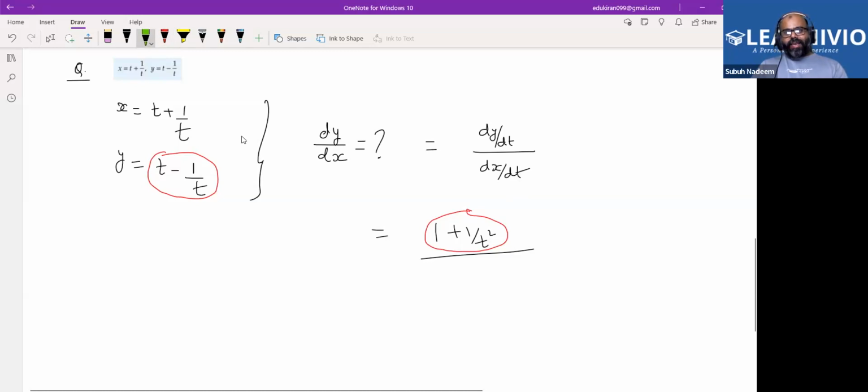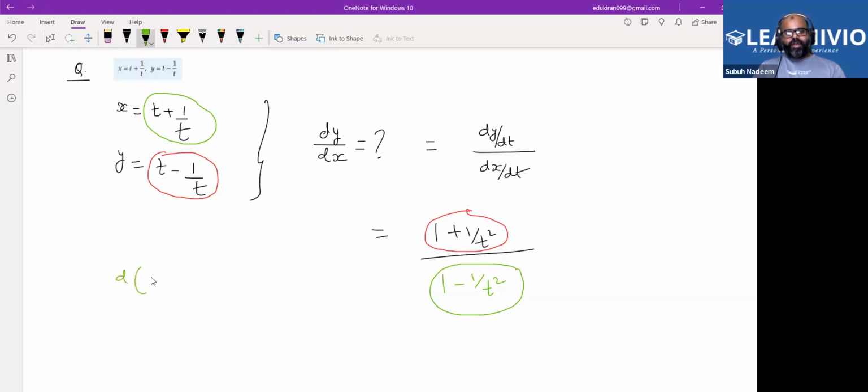And when you find dx by dt, so x is this and dx by dt you have to find. So what would it be? Differentiation of t will be 1 and differentiation of 1 by t is minus 1 by t square. This is what we will get.